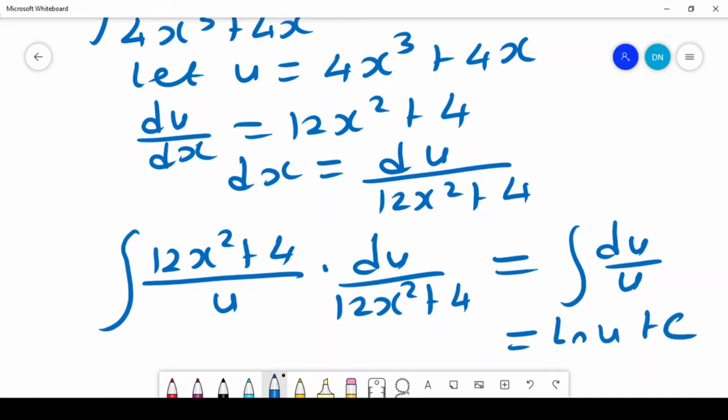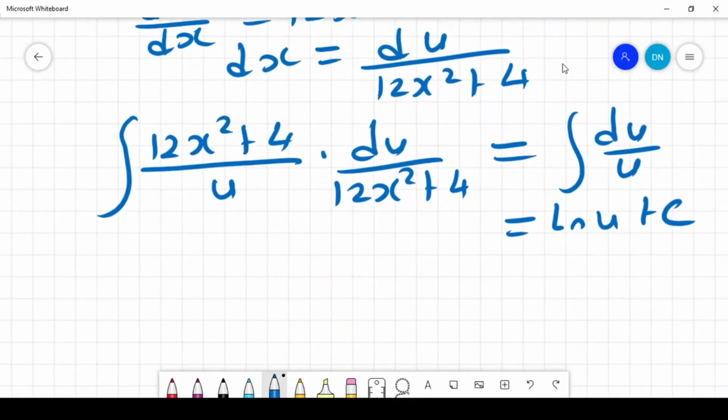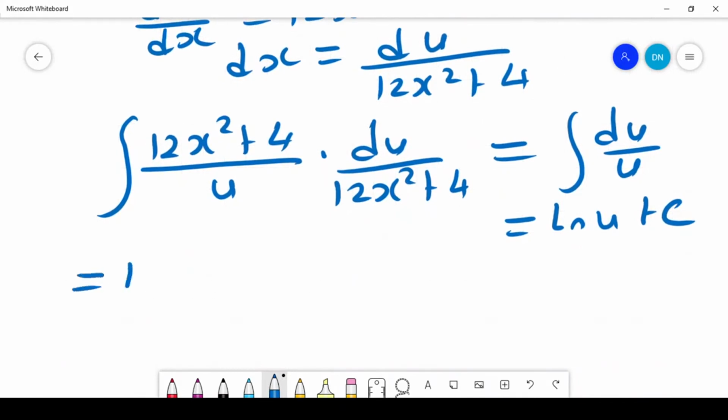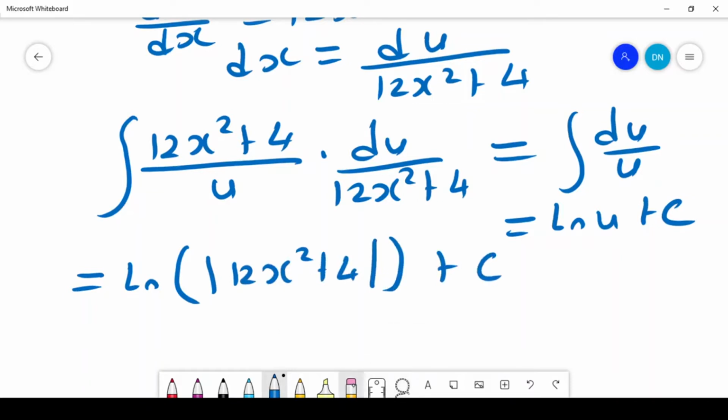I put a constant when there are no limits of integration, since it's an indefinite integral. That gives me the ln of 4x cubed plus 4x, plus c. In other terms, you can put it in a simpler manner to make it look a little more appealing to each one of us.